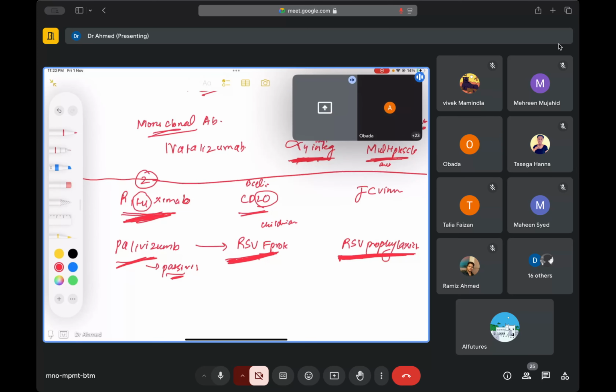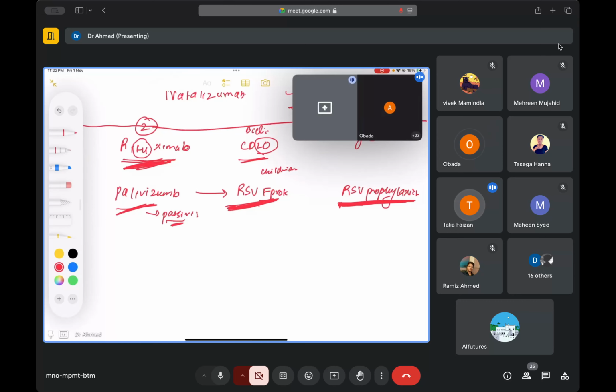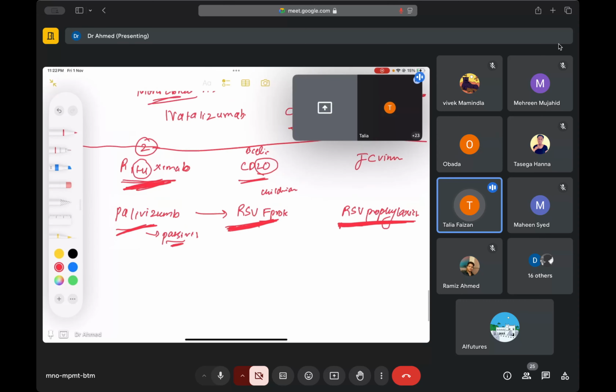Palivizumab for RSV. I have one mnemonic in my mind. We can use RSV for reservation, the short form of reservation is RSV.